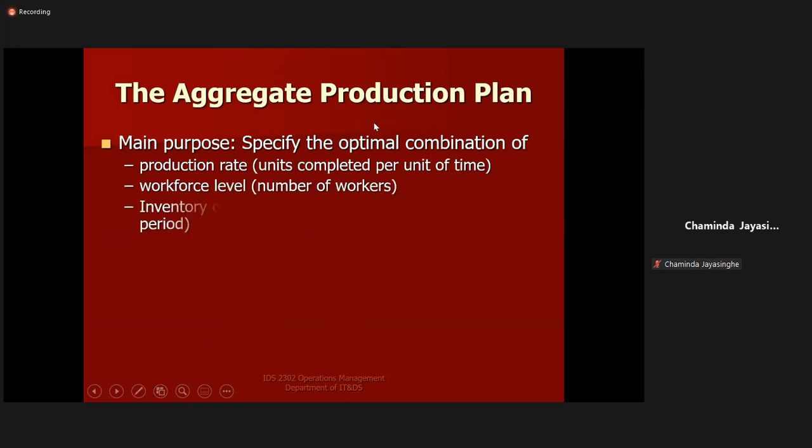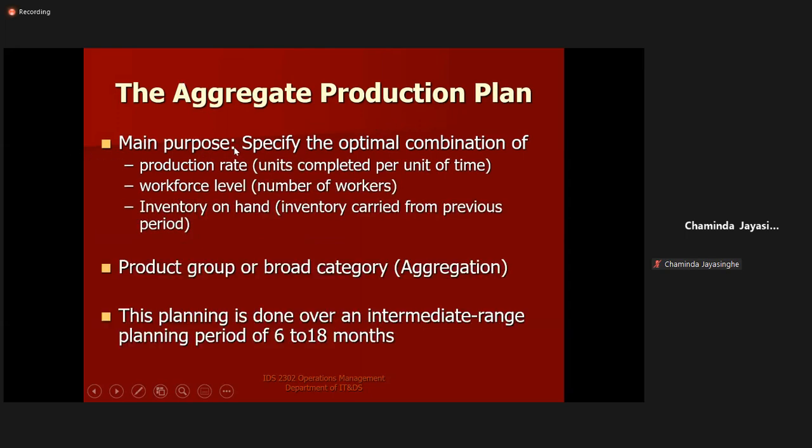The aggregate production plan's main purpose is to specify the optimal combination of production rates, units completed per unit of time, workforce level, that is number of workers, inventory on hand, inventory carried from previous period, and product group or broad categories, that is aggregation. This planning is done over an intermediate range planning period of 6 to 18 months.